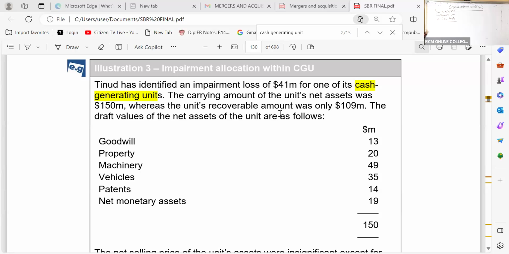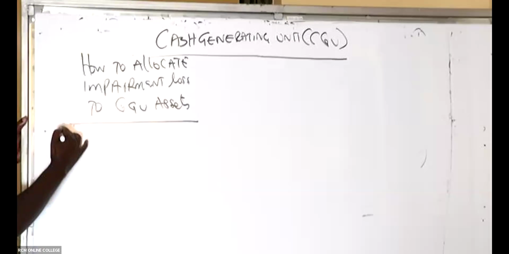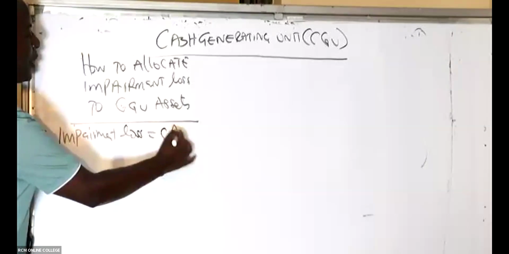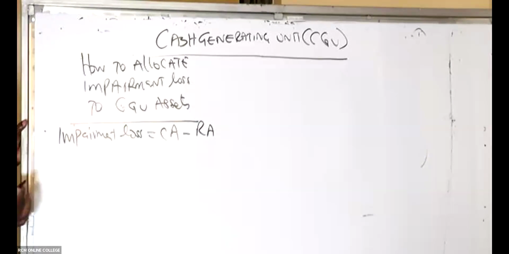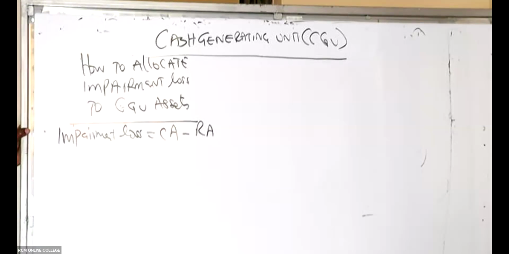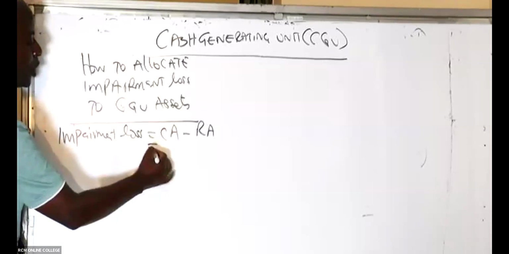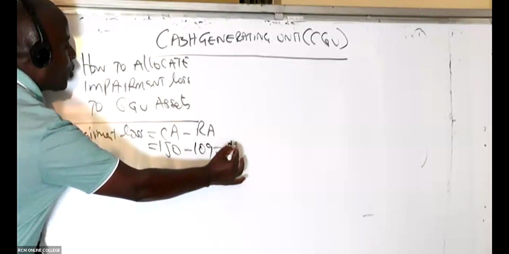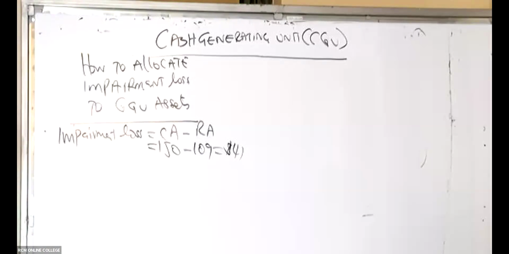Remember, to get impairment loss, we normally take the carrying amount minus the recoverable amount. Carrying amount in this question is 150. Recoverable amount is 109. That is how they got the dollars 41 million.